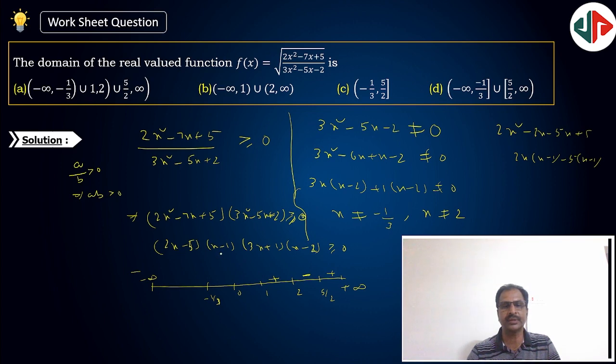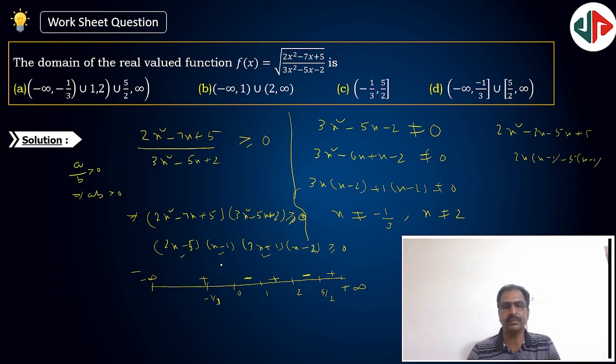This is negative, this is negative, positive, negative. Take any number between 0 and minus infinity. Take any negative number. Then this will be negative, negative, negative, negative. So this will be positive again.